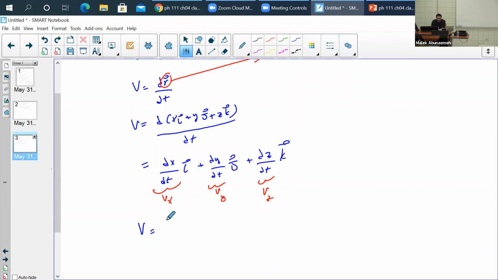That means your velocity, go ahead and make it a vector, your velocity is going to equal your Vx in the i direction plus your Vy in the j direction plus your Vz in the k direction.